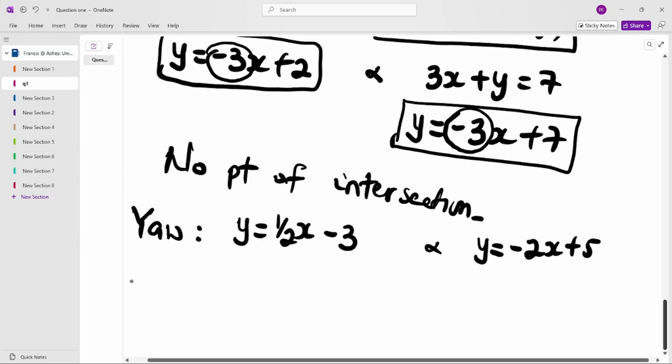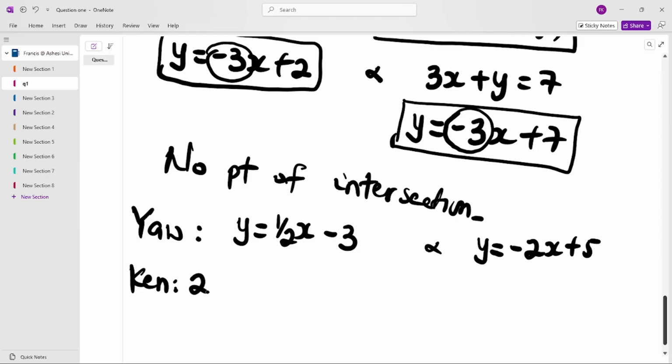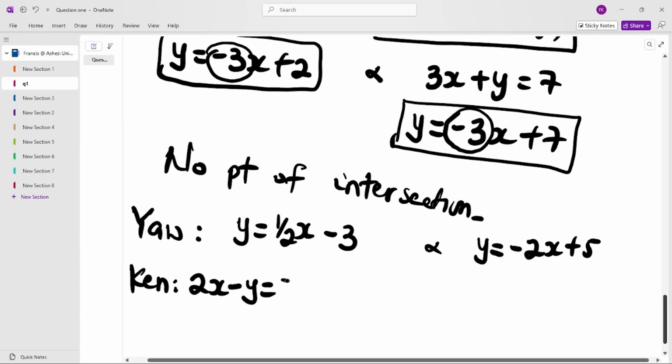Kennedy, you have this one: 2x minus y equals 7 and 4x minus 2y equals 10.